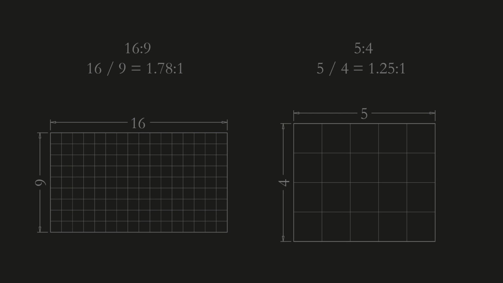To give a few more examples of what aspect ratios look like, on the left here we have a 16:9 aspect ratio, and that means that the image is 1.78 times wider than it is tall. And on the right we have a 5:4 ratio, which means that it is 1.25 times wider than it is tall.